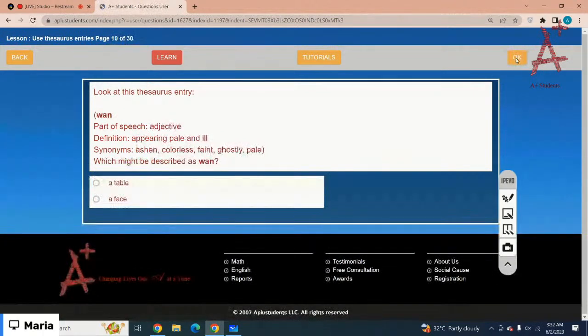Okay, look at the thesaurus entry. The part of speech is an adjective. It means appearing pale and ill. And the synonyms are ashen, colorless, faint, ghostly, pale. Which might be described as such, a table or a face?